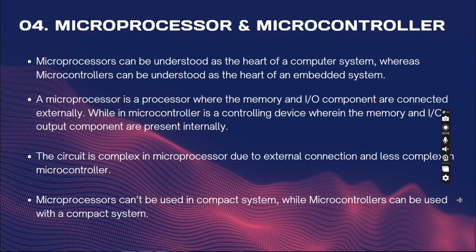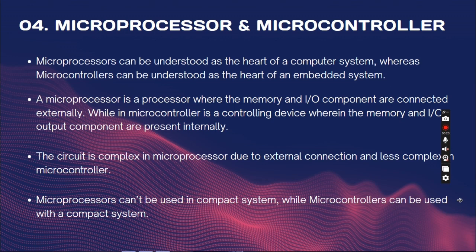Microprocessors can be understood as the heart of a computer system, whereas microcontrollers can be understood as the heart of embedded systems. As you can see, a microprocessor is a processor where memory and input-output components need to be connected externally.